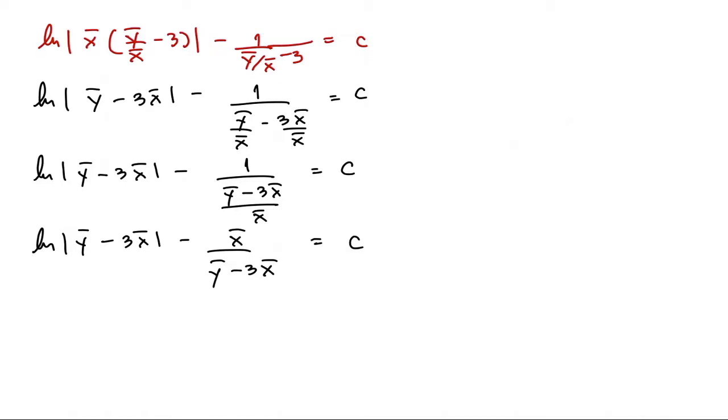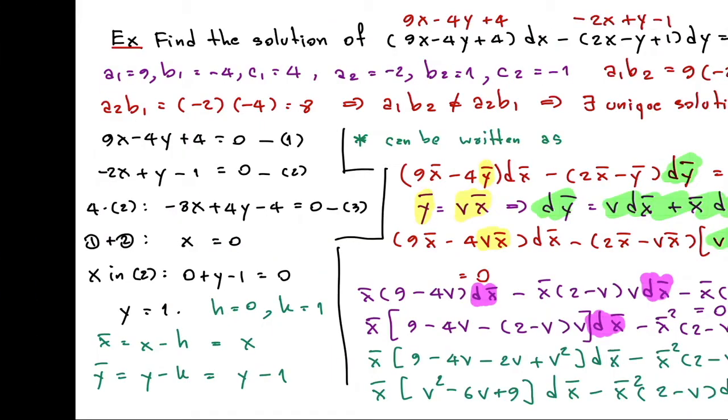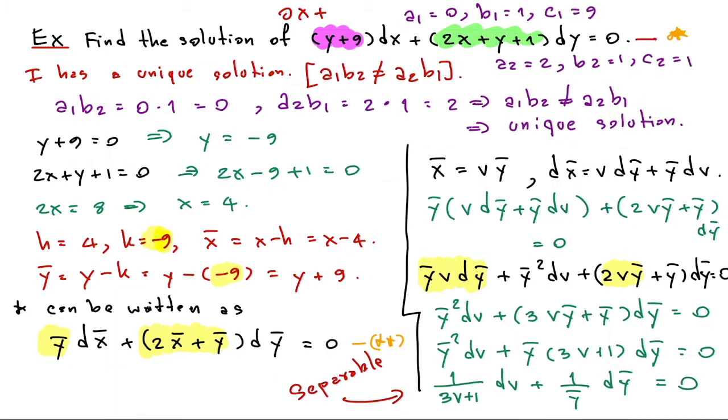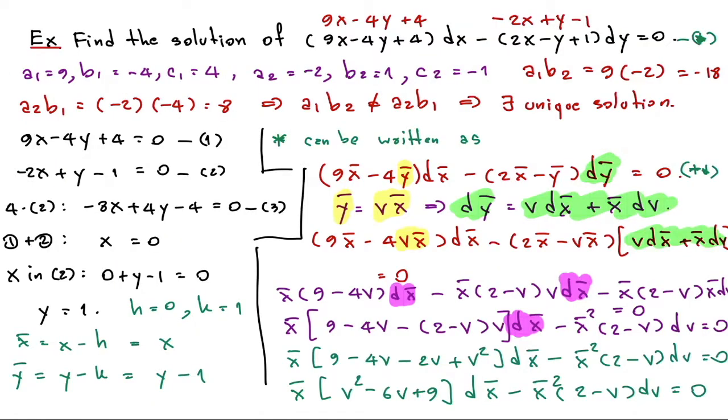And the last substitution, what we did was we let x bar be x and y bar be y minus 1, right?